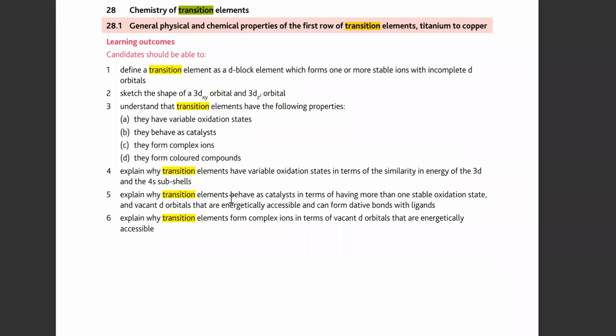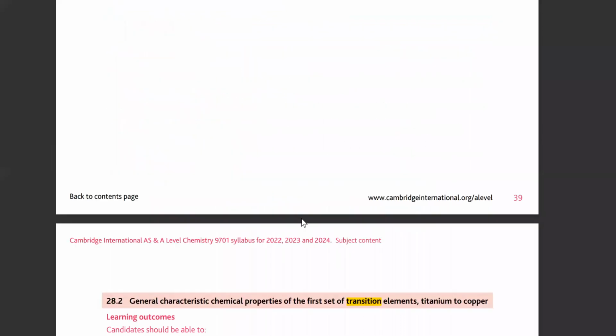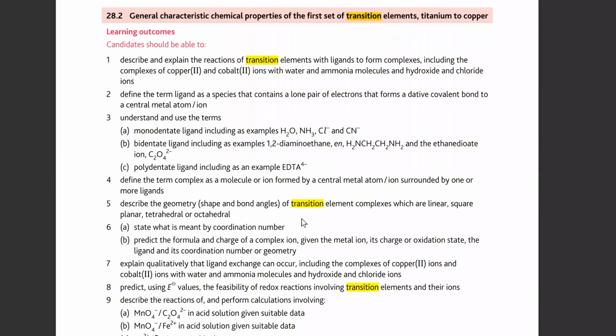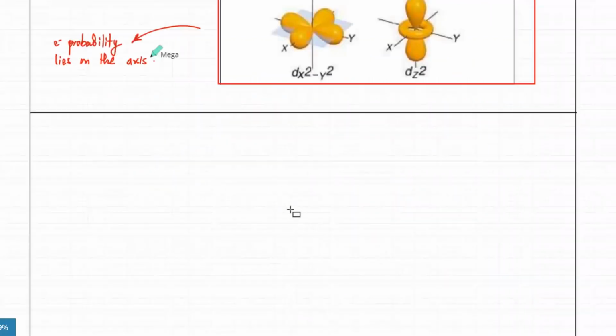So this one, 28.1, they form colored compounds. We did discuss this earlier. Behaving as catalysts, we're done with that. Complex ions, so it's all about complex ions now. So we're going to start studying complex ions now. And we'll start with the first one.